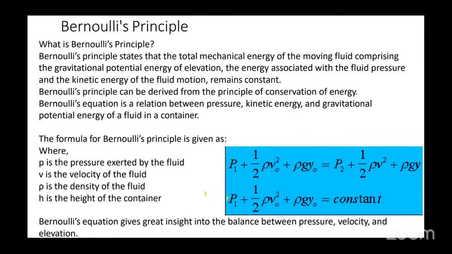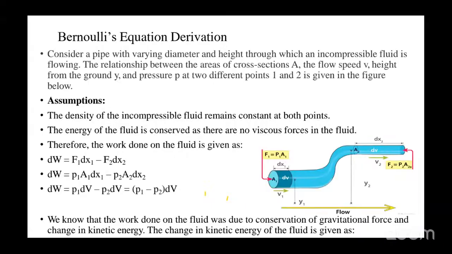So what were his assumptions in deriving this principle? There are two of them. Here, he considered that the fluid is incompressible, which means the density remains constant. And the second assumption he considered was that there is no viscosity, that is, no viscous flow.